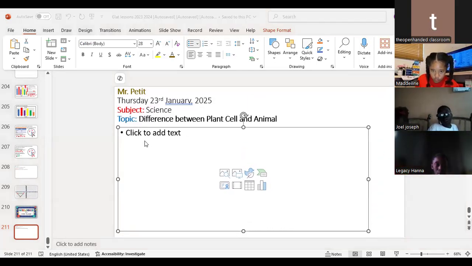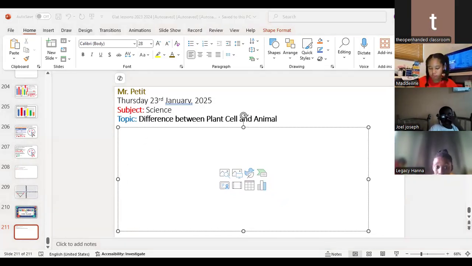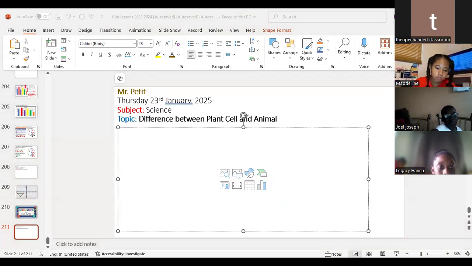All right, so first of all, let's talk about what we mean by a cell. So we know all living things are made up of what? Cells. Very good. So basically, cells are the basic building block of all life. How big is a cell anyway? It has to be pretty small.